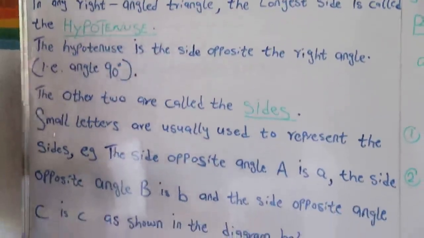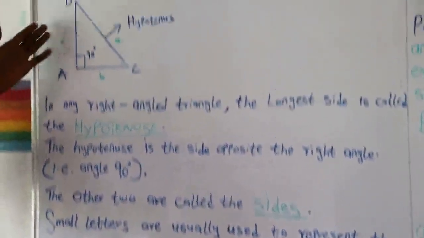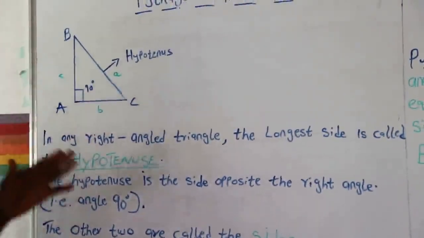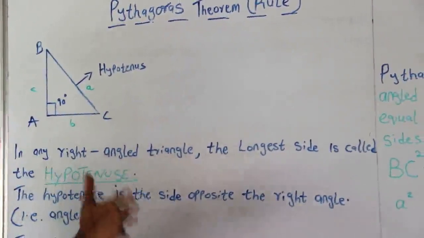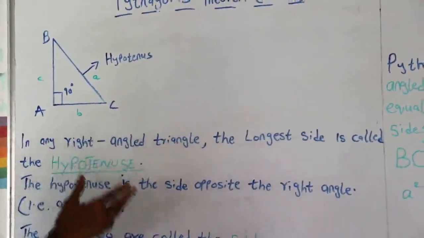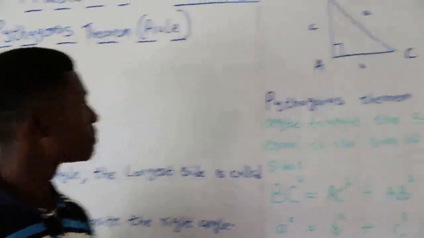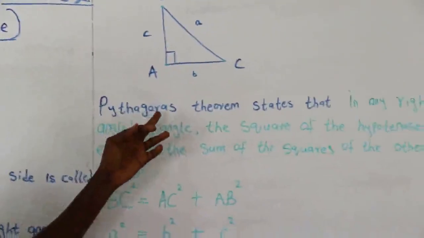That is how it is being labeled. So we will use this diagram to derive our Pythagoras formula. And from there, I will state what the Pythagoras theorem says.